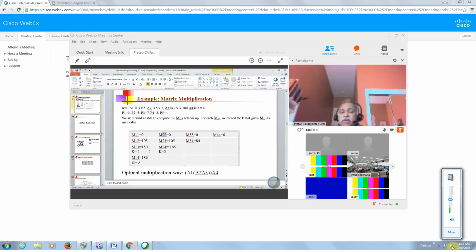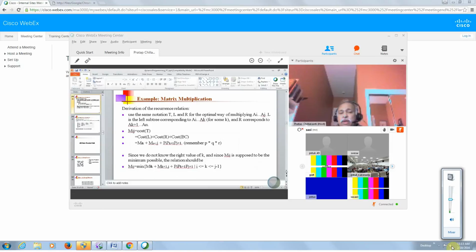Now it's very easy for you to say that, hey, if you know the values. So if I were to do A1 and A2 followed by A3 and followed by A4, it's easy to compute the total. And when you compute the totals, you will see, because you'll get the minimum like this. Now this minimum is computed by this formula here.